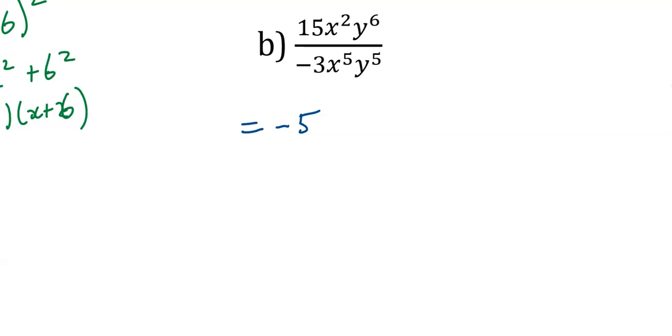So this is x to the 2 minus 5, which is negative 3, and y to the 6 minus 5, which is y to the 1. And then we do the same thing here, where just the x part goes to the bottom, and now it's got a positive 3 exponent.